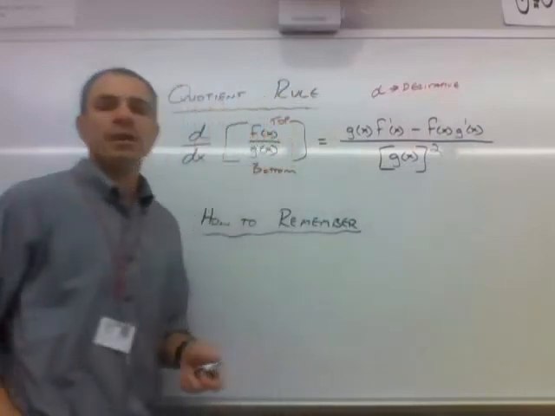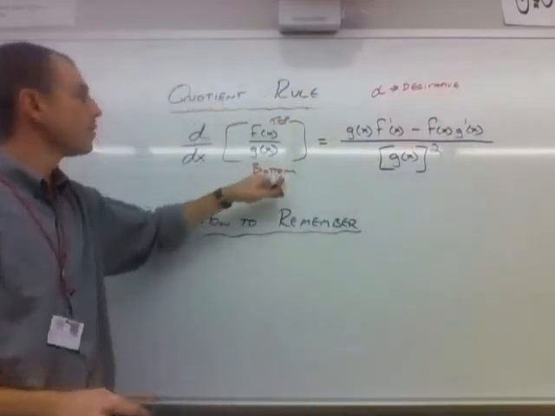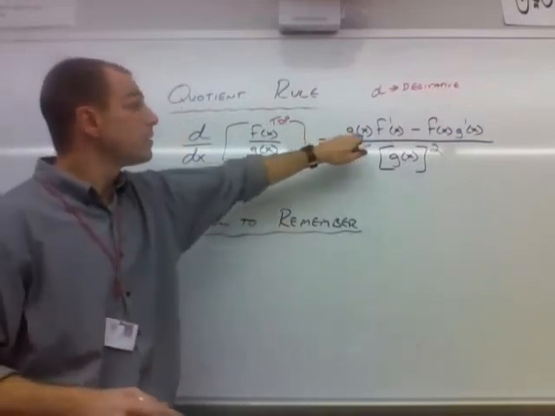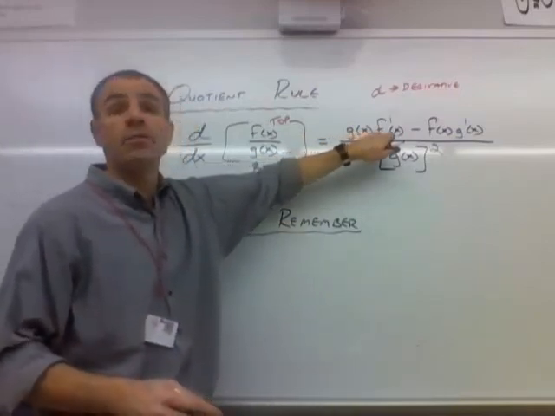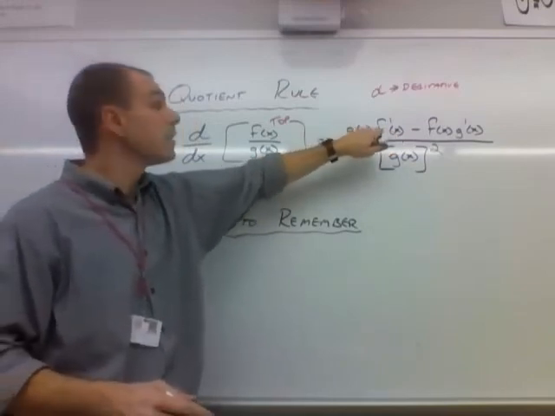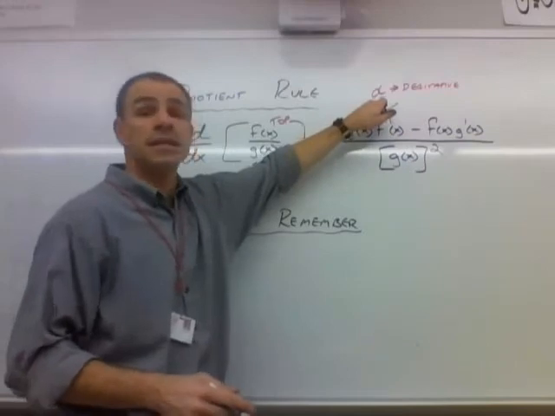Now watch what happens if we just use the words top, bottom, and the letter D. In our quotient rule, we see the denominator and then the derivative of the numerator. Let's say bottom and then derivative of the top: bottom d top.